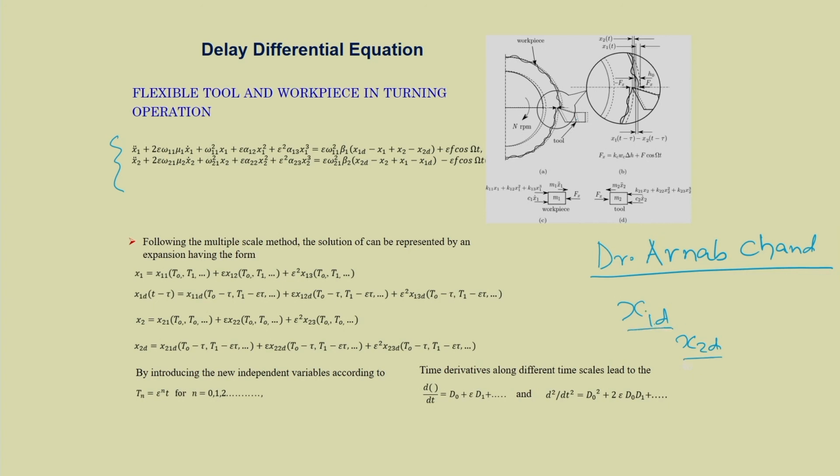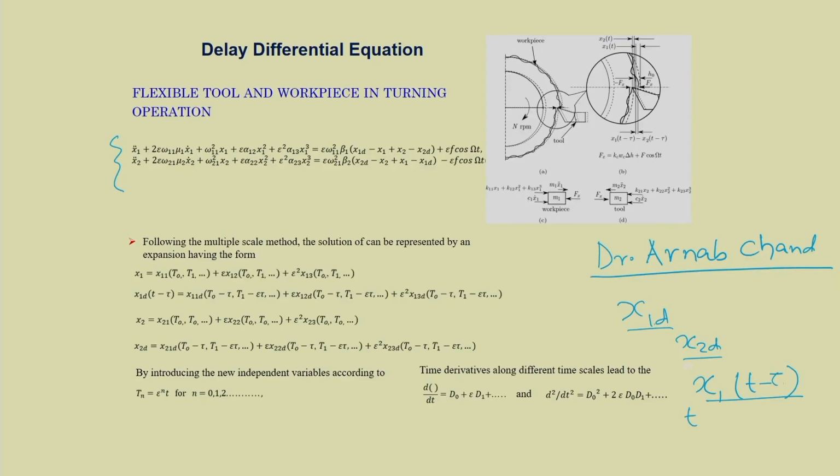That is, it depends on the previous cut. x1d is nothing but x1 at t minus tau. The present time is t, so it depends on the past time. If you are taking a time delay of tau, then this x1 will depend on the time t minus tau.